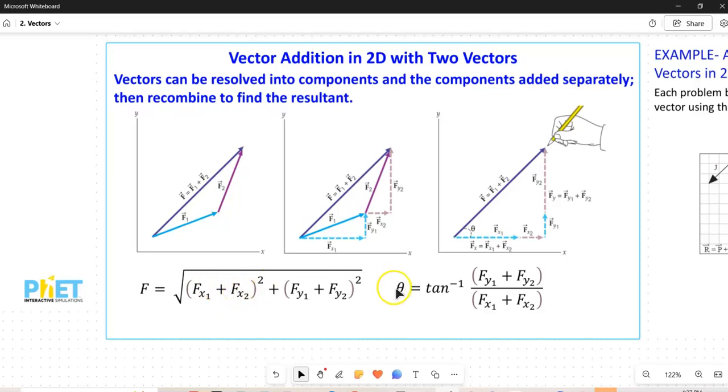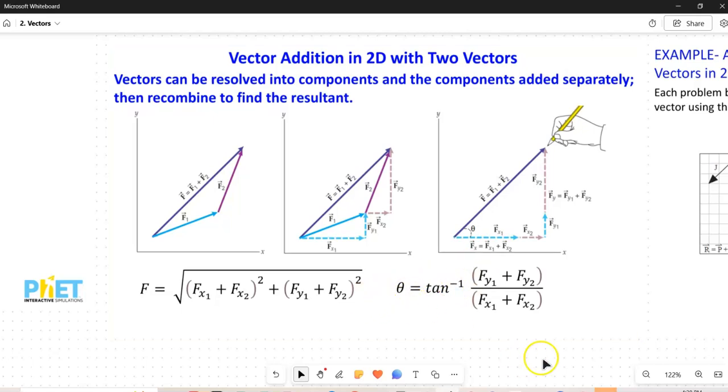And then the resultant vector would just be, since we're calling theta right here, the opposite of theta is right here, divided by the adjacent portion. You get that right here. So tangent of theta is equal to opposite over adjacent. And then if you inverse that, tangent to the -1, then you could compute theta.